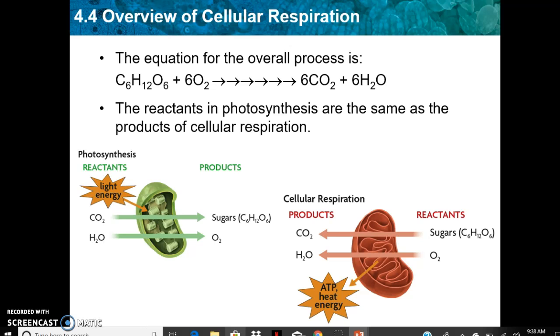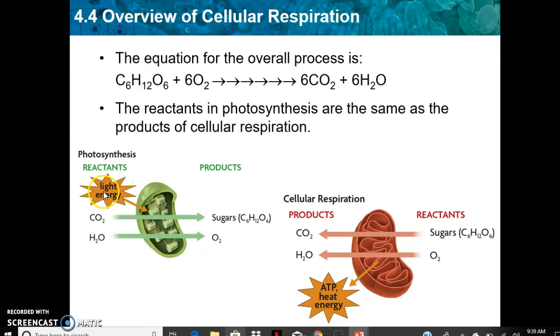In photosynthesis, we have carbon dioxide and water that are reacting, and they're going to end up forming a sugar and oxygen. The opposite thing happens in the mitochondria in cellular respiration. We have glucose and oxygen that are reacting to form carbon dioxide and water.